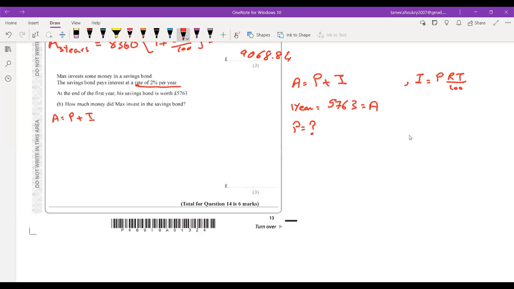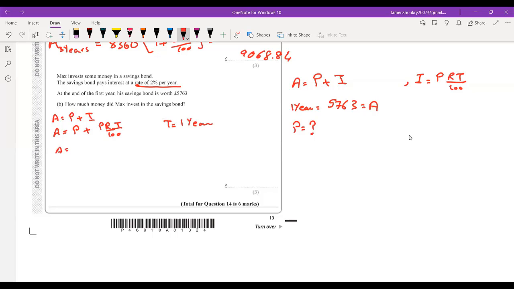This is common for compound and simple. Now, the amount is equal to the principal plus the interest. The interest is the principal multiplied by the rate over 100 multiplied by the period. The period here is 1. We have T equal to 1 year.